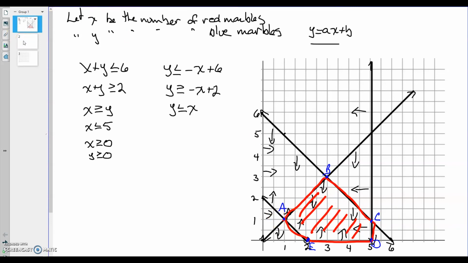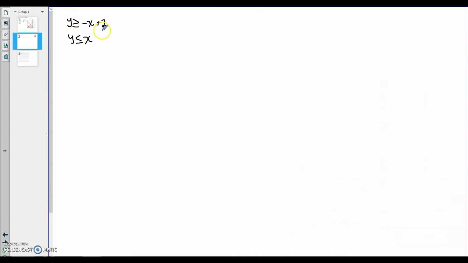To do that, we'll use one of the methods that we've already been using to solve systems of equations. So the first thing we do is turn each of these into equations. So fairly straightforward. We simply eliminate the inequality sign and we end up with y equal to negative x plus 2 and y equal to x.